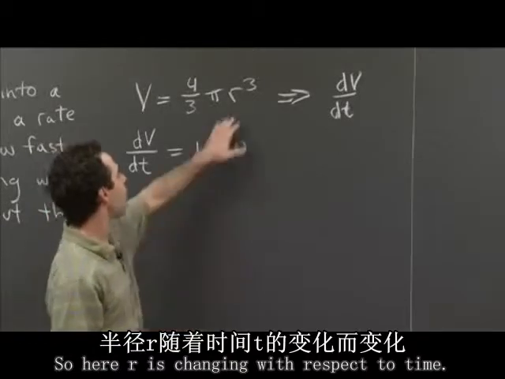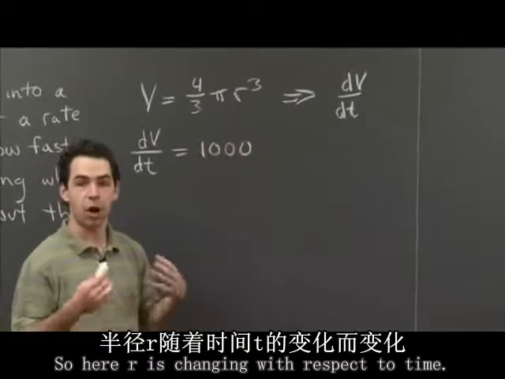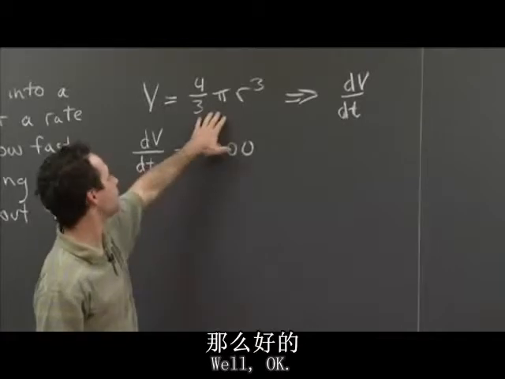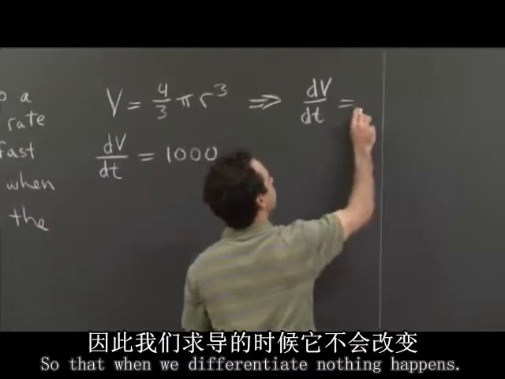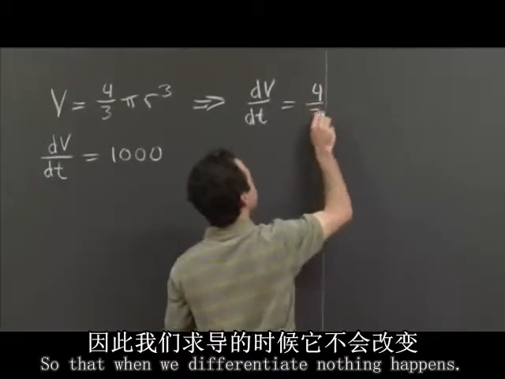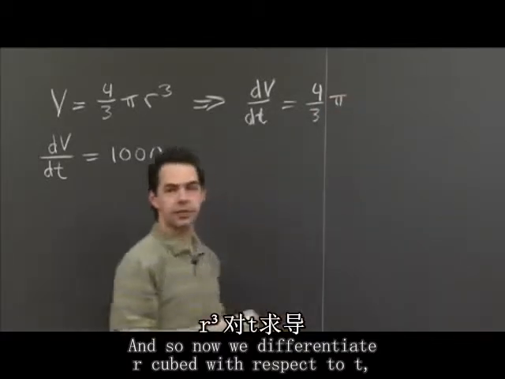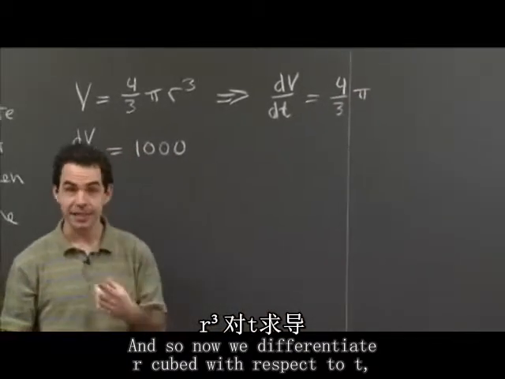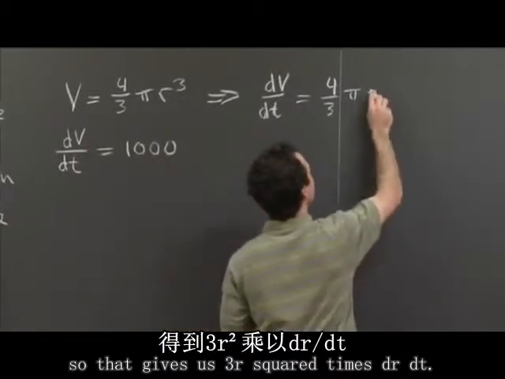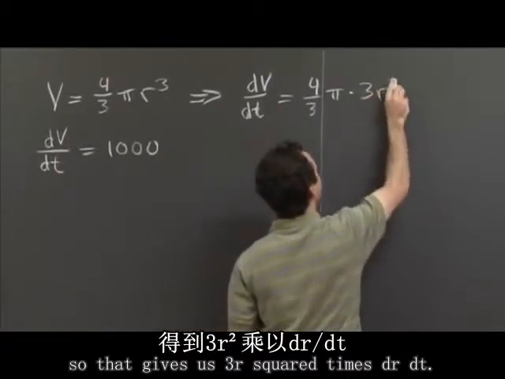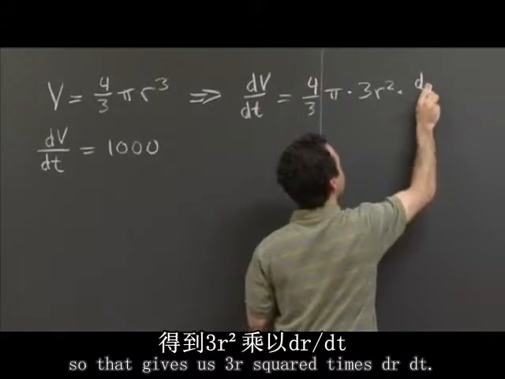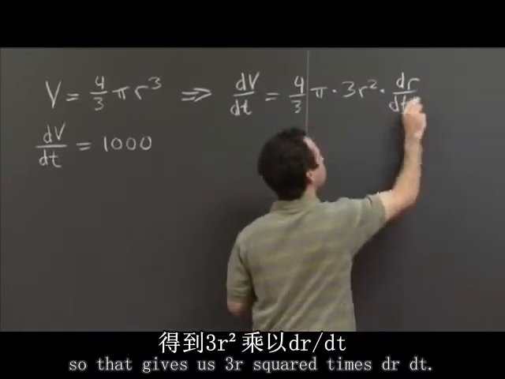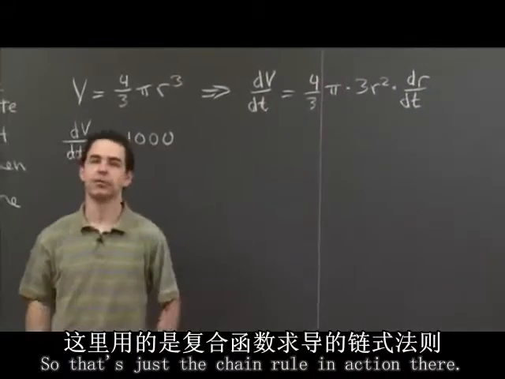Here, r is changing with respect to time. r is a function of t. 4/3 pi is a constant, so when we differentiate, nothing happens to it. Now we differentiate r cubed with respect to t, which gives us 3r squared times dr/dt. That's just the chain rule in action.